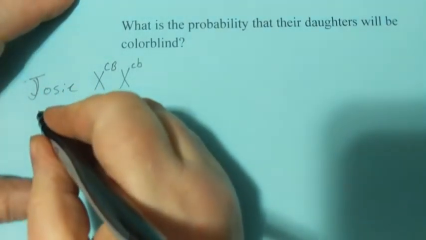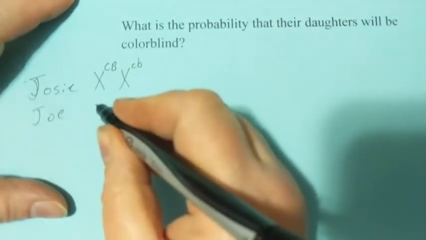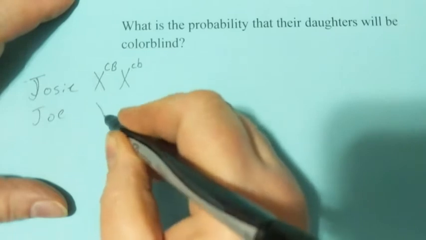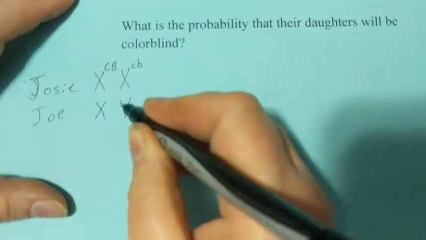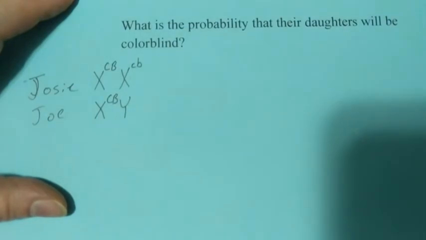And Joe has normal vision. So that means he has an X and a Y, and on his X he has a dominant copy of the gene.